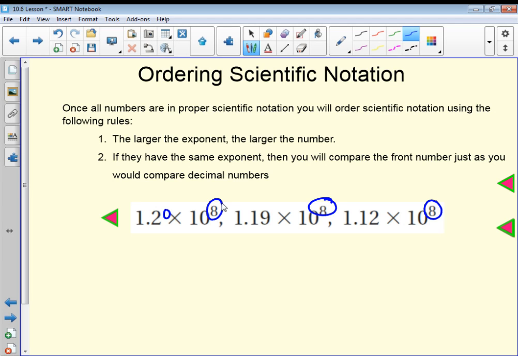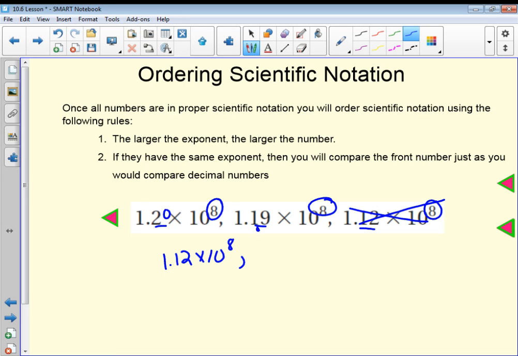And yes, I could read that in proper form, but many of you maybe are not comfortable with decimals, so you can really compare the 20, the 19, and the 12 because they are all in the same form. They have the same number of places. So what's the smallest? The 12. So my first answer, if I go smallest to largest, would be 1.12 times 10 to the 8. That's my smallest. That one's done.